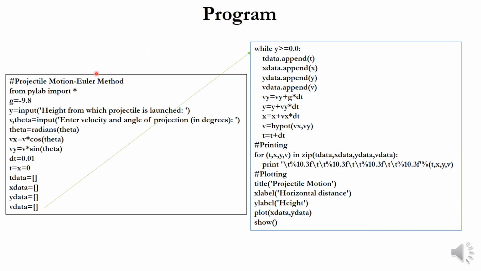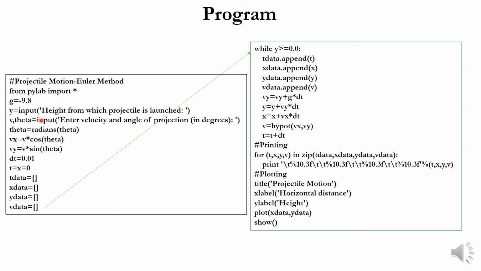So this is the Python code for this projectile motion. The Pylab is imported for plotting this projectile trajectory, and this g is given as minus 9.8, and this y is read as the height from which the projectile is launched, and this velocity and the angle is inputted.